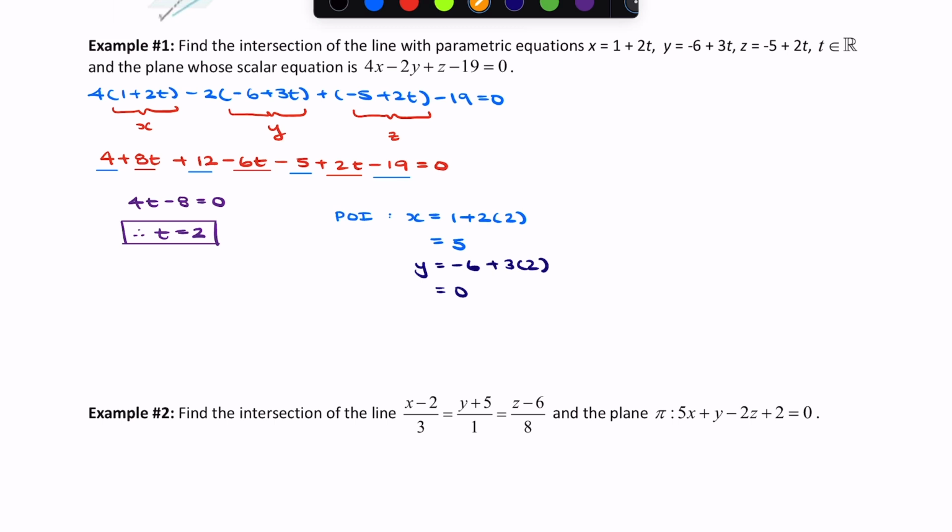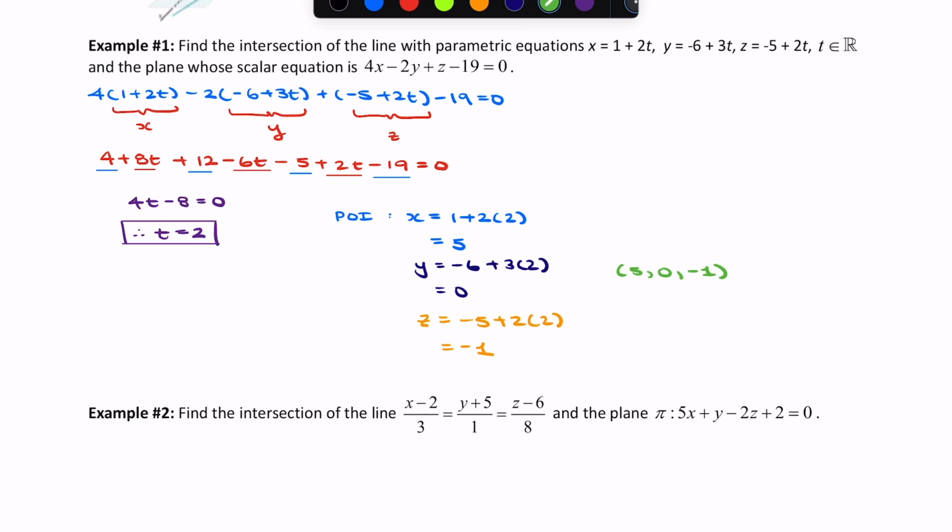For z, we get -5 plus 2 times 2, so z is equal to -1. Our point of intersection will therefore be (5, 0, -1).